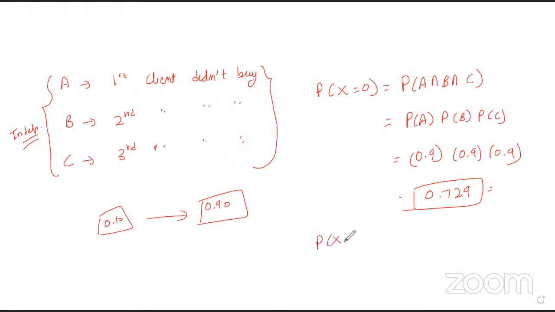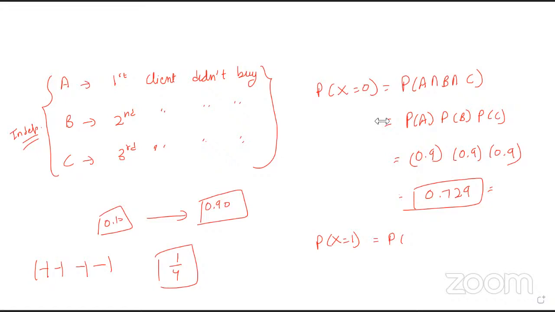Now suppose x equals 1, you have 3 cases in total, and if you add them all, you will have different probabilities. So for all 4 cases, you will have different probabilities. We take 1 by 4 only when all 4 are equally likely.